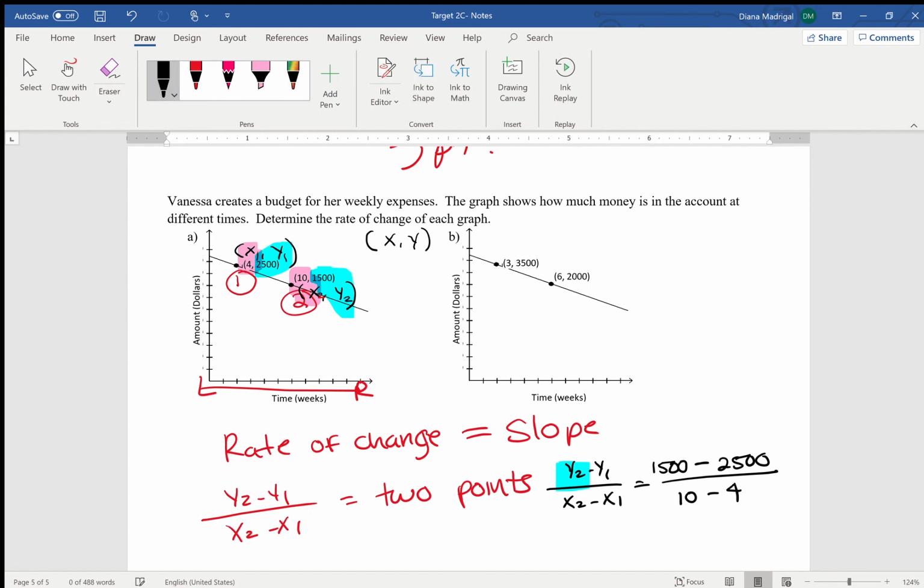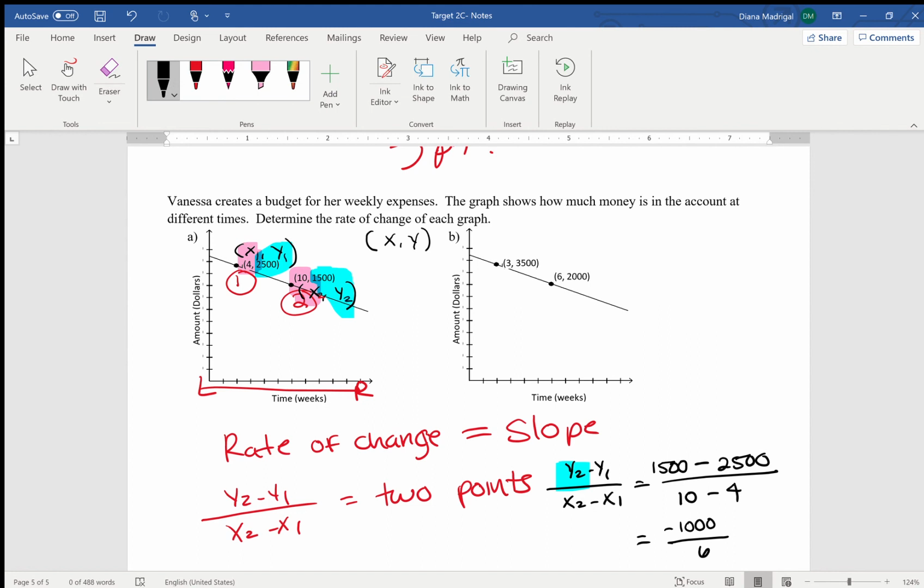Okay, and all you have to do is do the math, right? 1,500 minus 2,500 is actually going to give me negative 1,000. And 10 minus 4 gives me 6. And when you just simplify, it's going to give you a decimal, so I'm going to leave it like this.